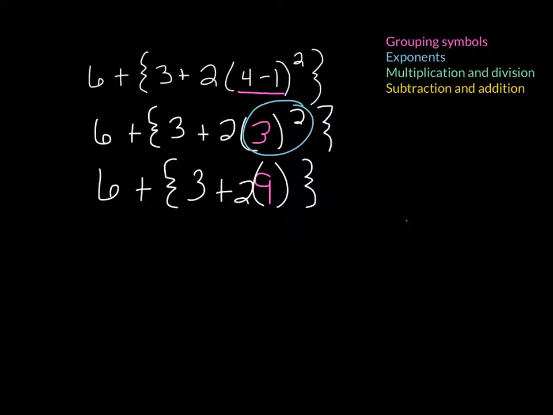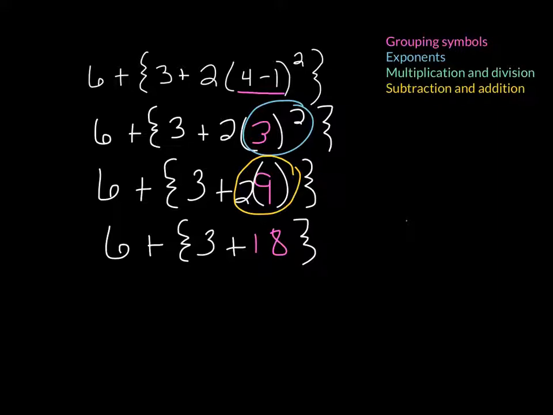Now, multiplication within the grouping symbol comes before the addition. 2 times 9 is 18. And we again bring everything else down exactly as it was. Now we can finish the grouping symbol by adding 3 plus 18.